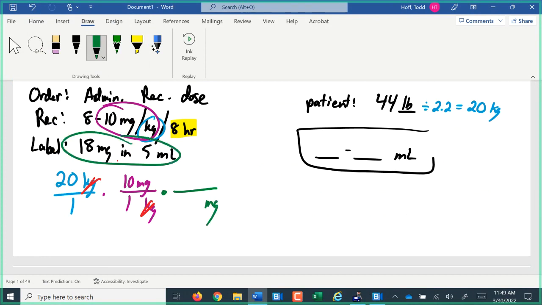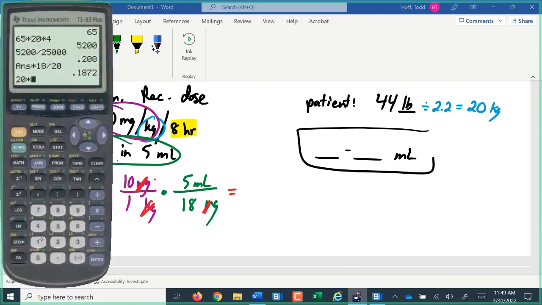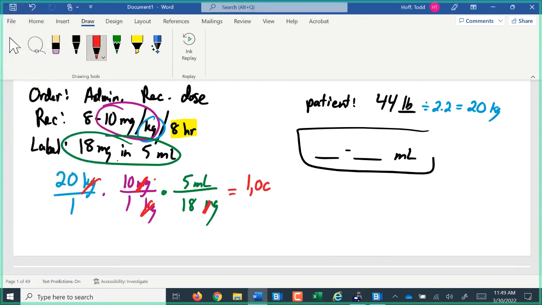And we have this equivalency, 18 milligrams in 5 milliliters. Kilograms cancel out. On top now we have 20 times 10 times 5. It's 1,000 milliliters. On bottom, 1 times 1 times 18 is just 18.